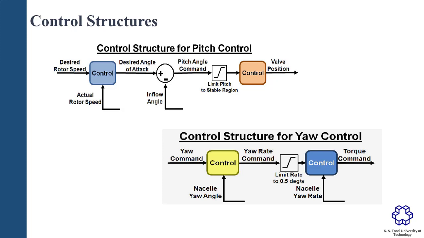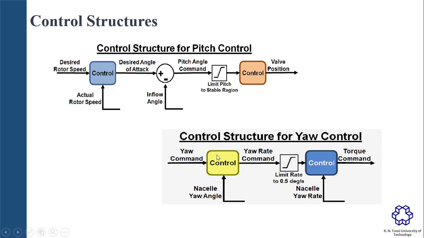The angle of attack will be compared with it, then a pitch angle command will be generated. Then this pitch angle will be fed to a control structure with suitable gains, which can command the valve position for the pitch actuators.